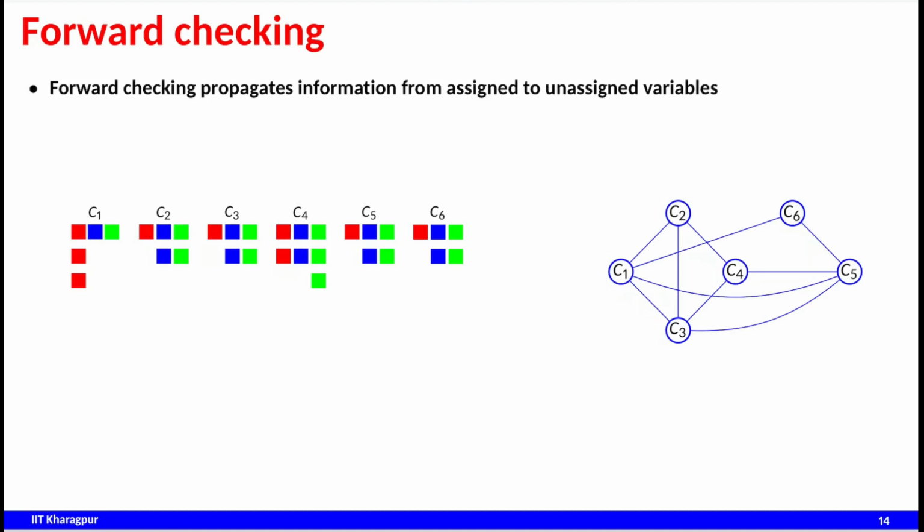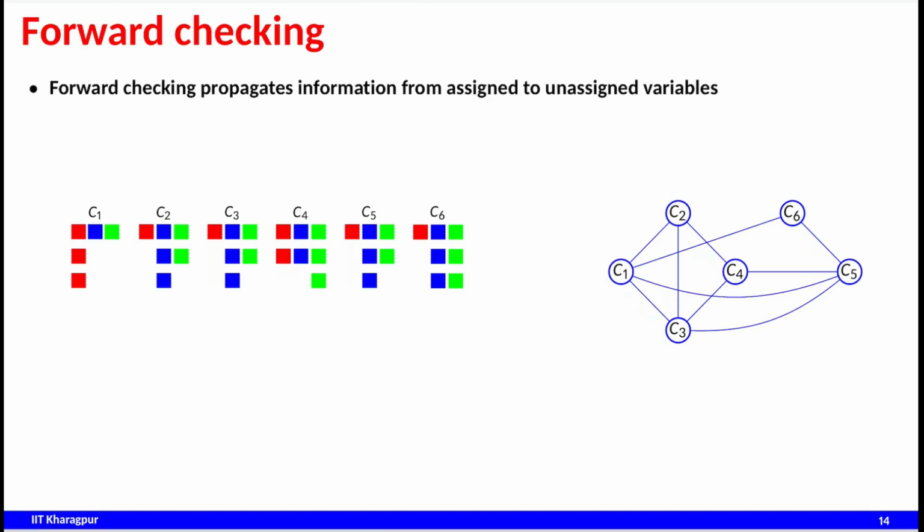Now we try to see how the situation is. We will find that C2 and C3 are left with only one choice, and that is blue. And if you look at this graph, you will find that C2 and C3 have a connecting edge, so that means there will be no solution.